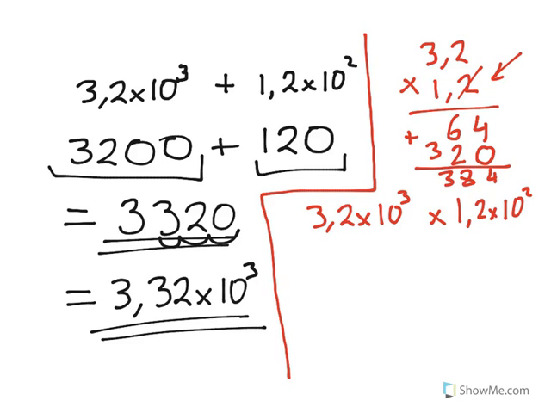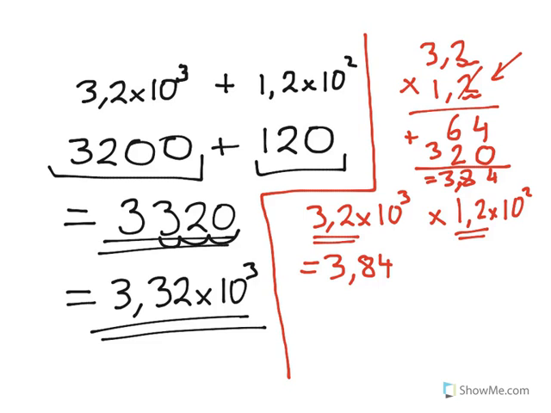Now we finish that, we now reinsert our decimal places, 1, 2, 1, 2. So 3.2 times 1.2 equals 3.84. 3.84 is what we get when we multiply 3.2 by 1.2.